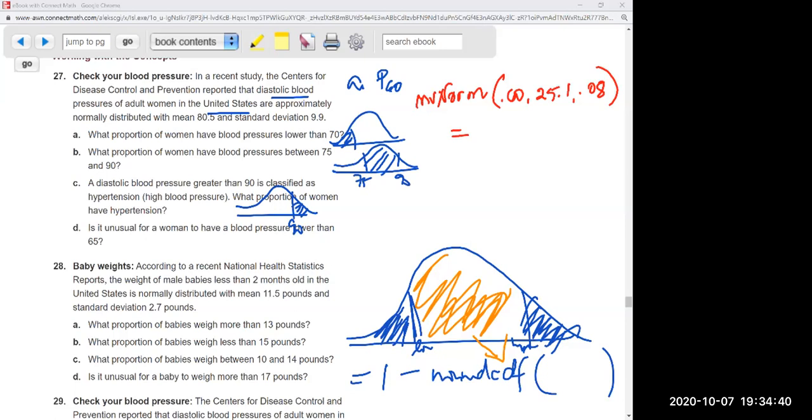But this one that I showed you, you subtract it from 1 when you have these two shaded regions on the sides. Okay, that's the only problem that you will encounter. You subtract it from 1 when you see this.